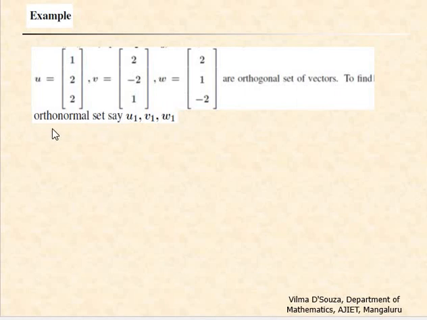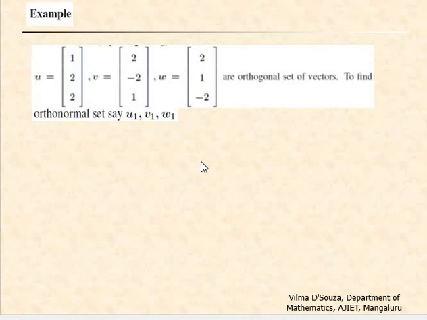We have to find the orthonormal set u1, v1 and w1 using this orthogonal set of vectors. So first of all, just recall what you mean by an orthonormal set of vectors.